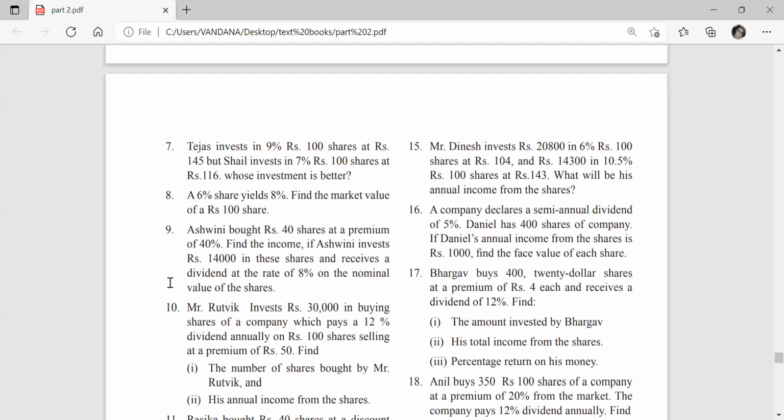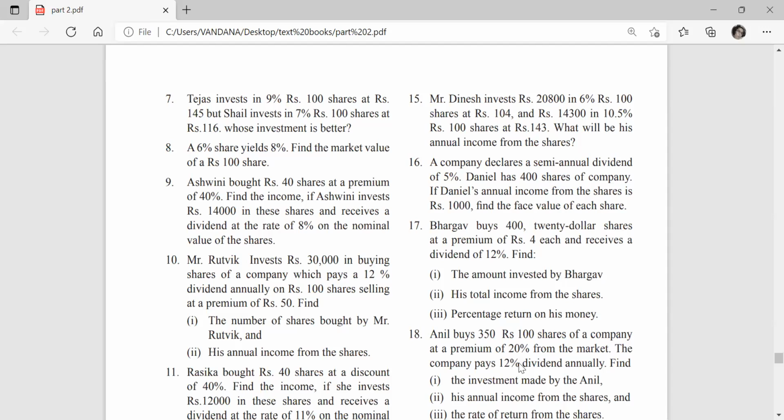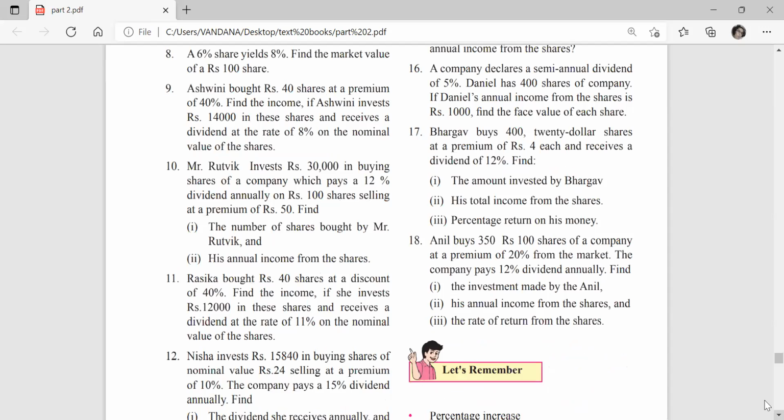Sum 17. These are the same as we have done for the previous ones, nothing else is different. Bhargav buys 400 rupees 20 shares at a premium of 4.